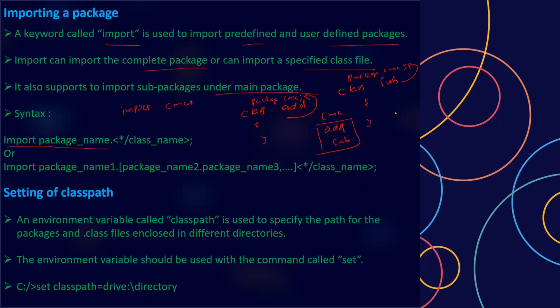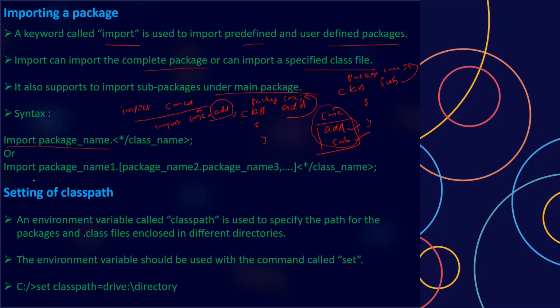Now, if I say import CMC dot star, whatever classes are present in this CMC, all of them will be imported with this syntax. But if I say directly import CMC dot add, this means that only one class from the CMC will be imported.